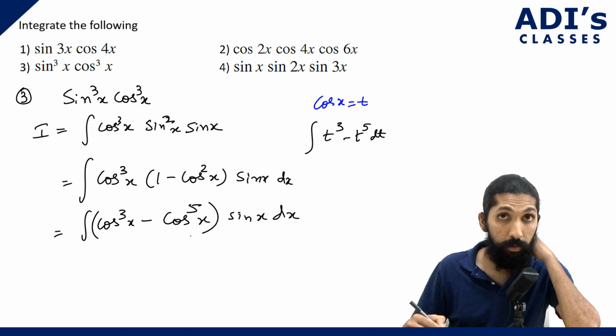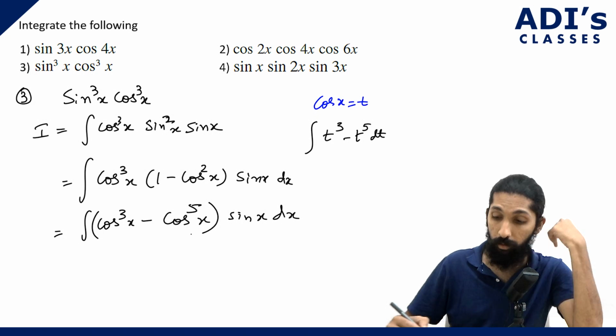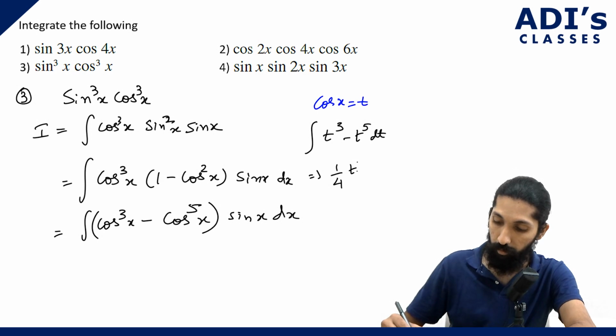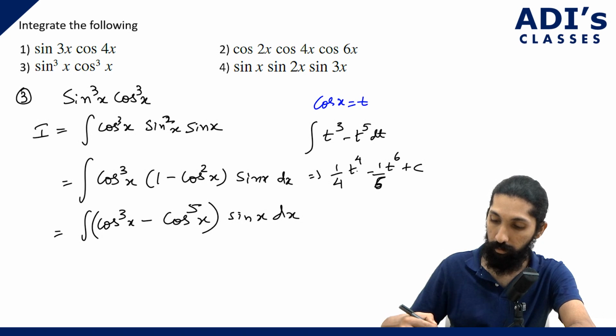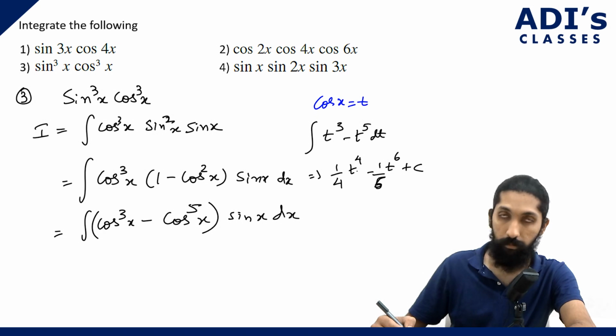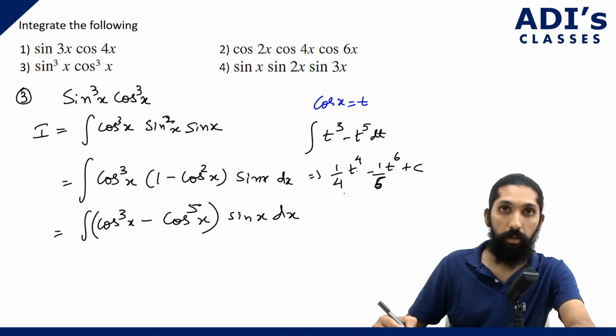By now, you guys should be able to solve these things mentally. So you'll get t cube minus t power 5 dt. So when you integrate, 1 by 4 t power 4, sorry, 1 by 6 t to the power of 6 plus c. Correct?